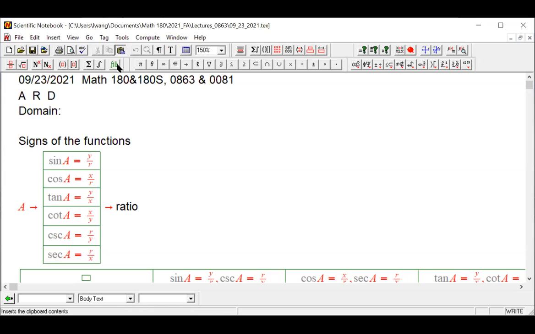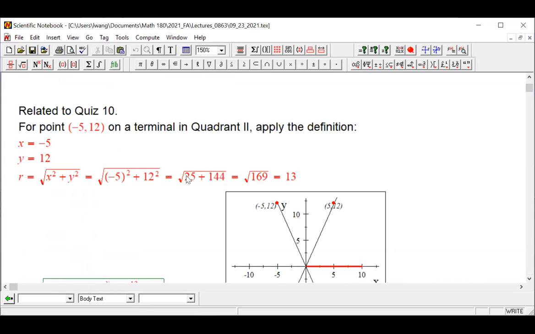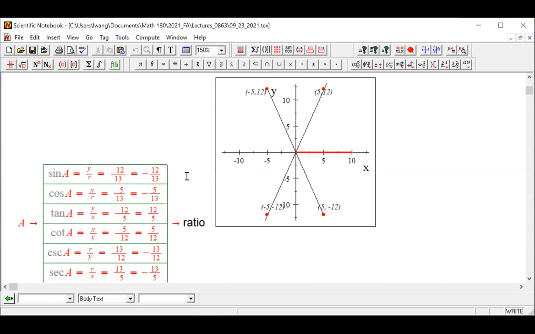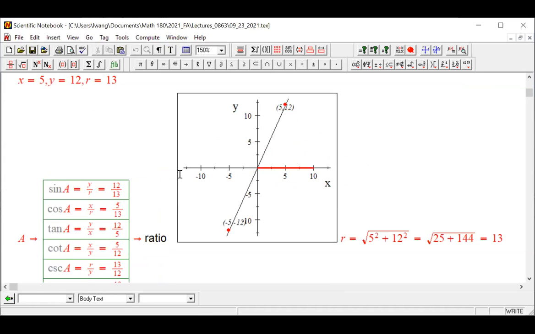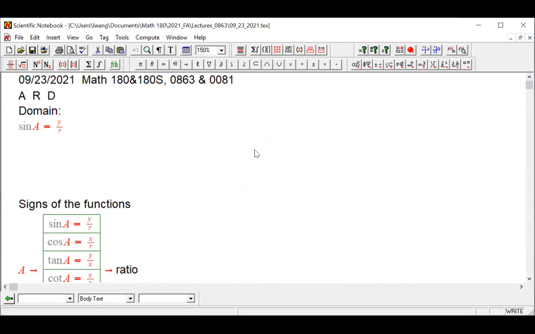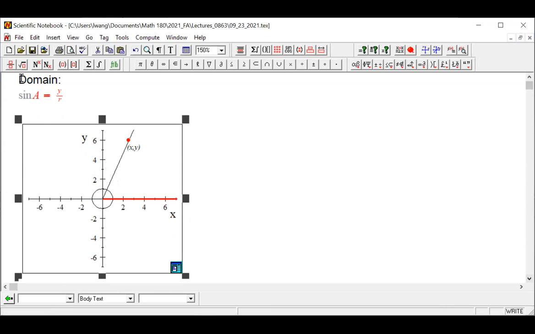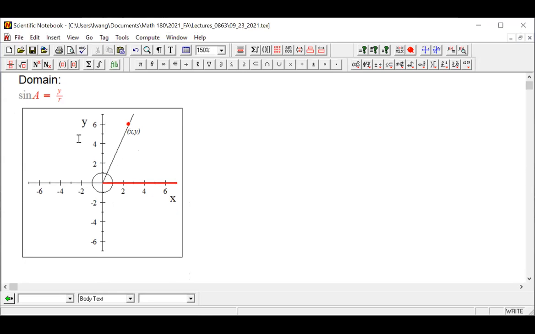All right, so let's look at the definition of sine. In the definition, I'm going to bring back some of my favorite pictures right here.